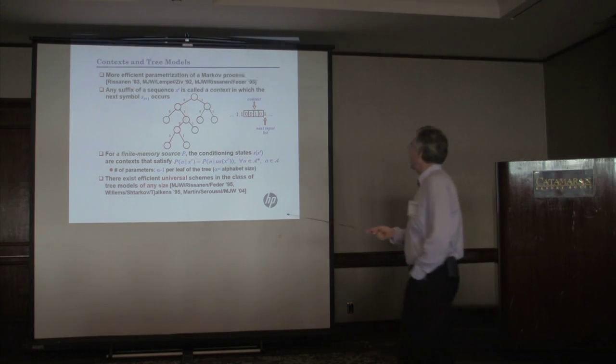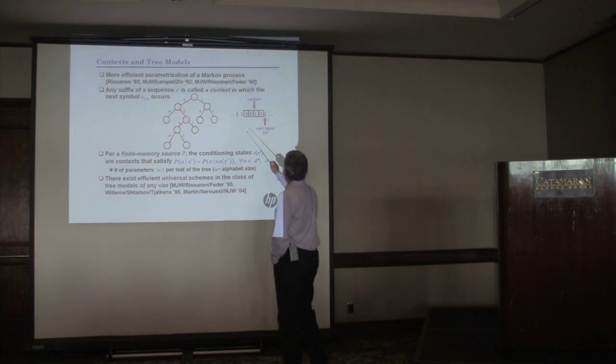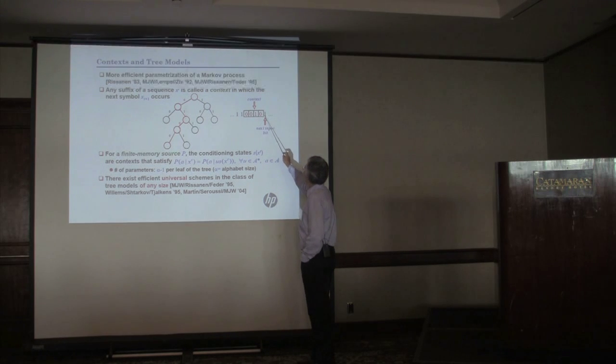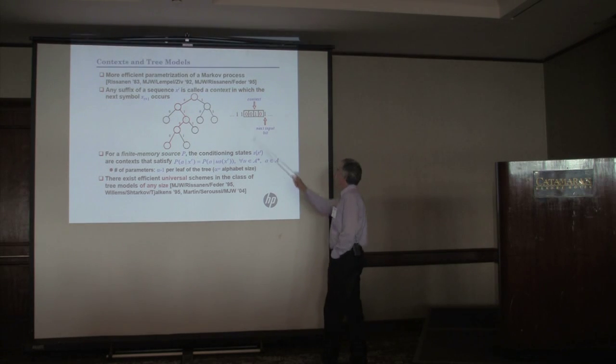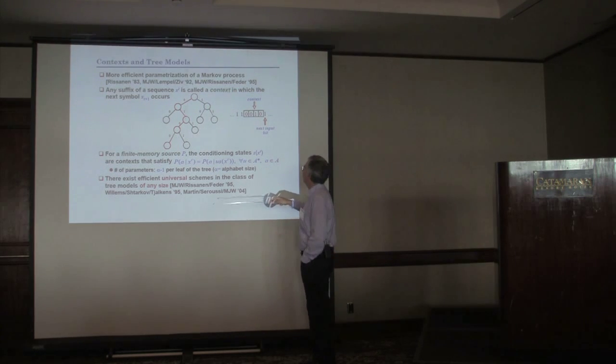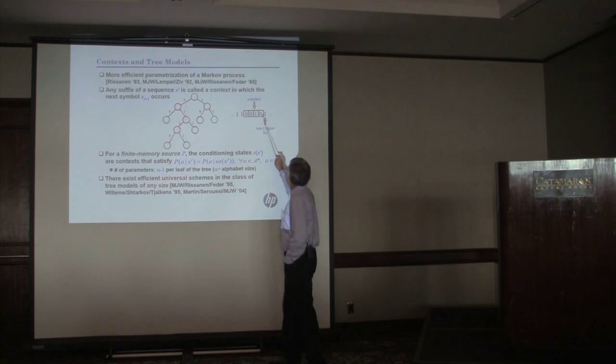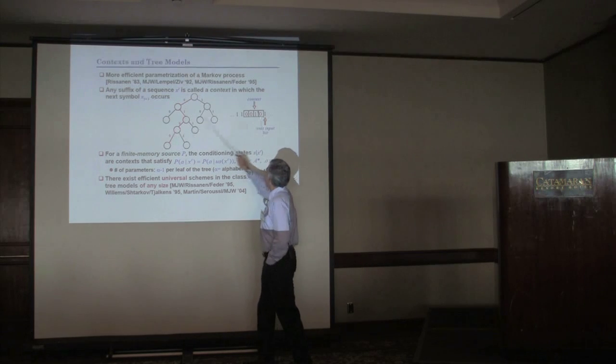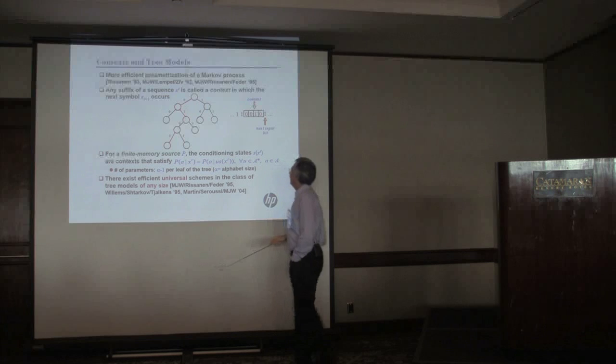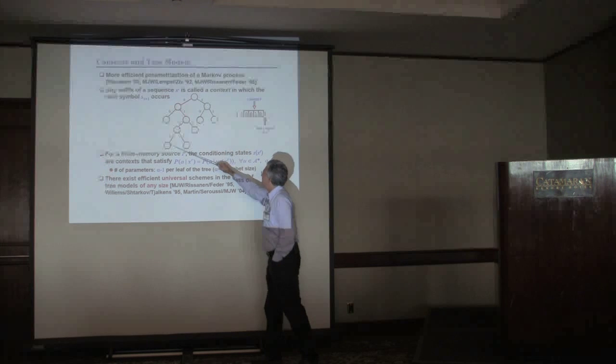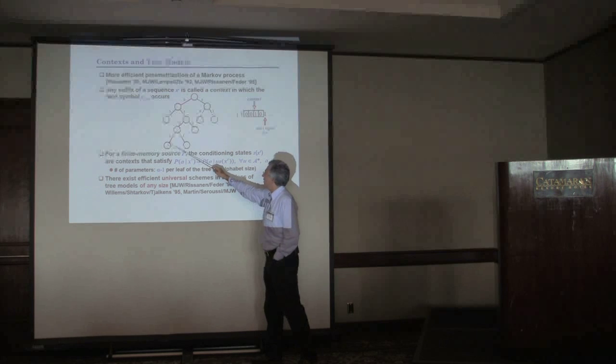So you look at the past. You have a data sequence, you have the next input bit, and you look at what is the context in which it appears. You can consider it like in a tree, and you say, well, the last bit was a 0, then a 1, a 0, a 0, and if that's your tree model, that's where you stop, that's your context.